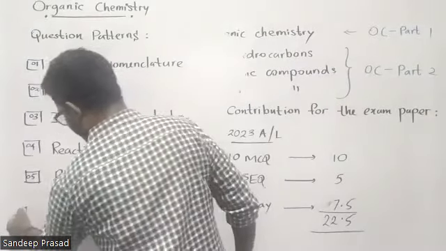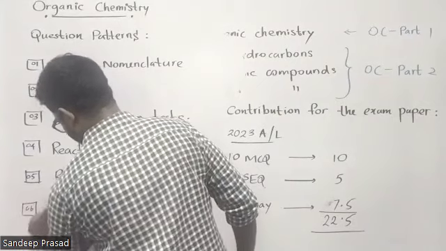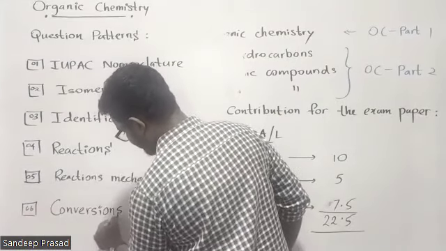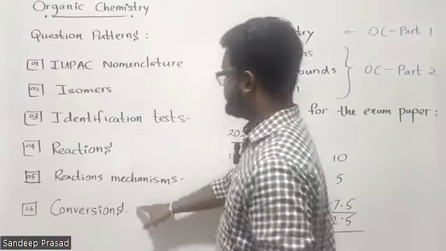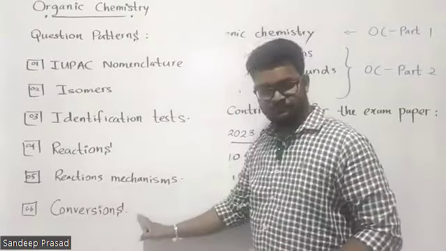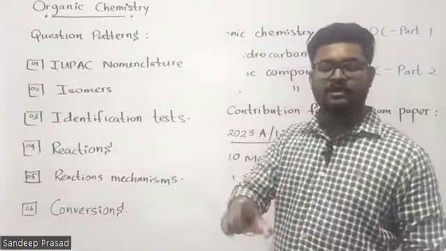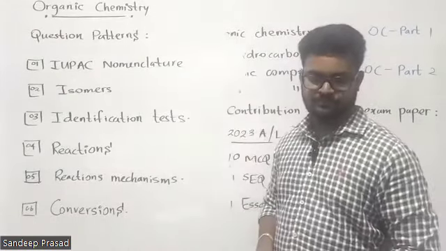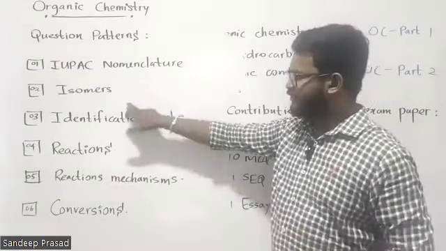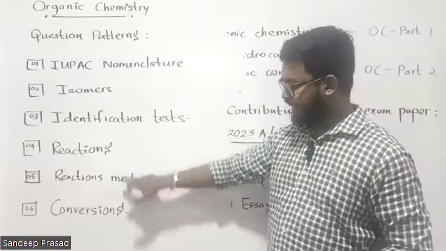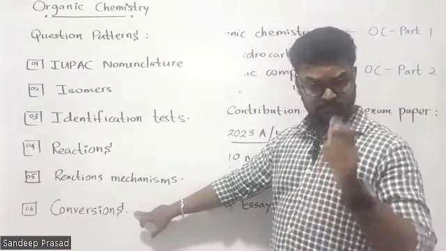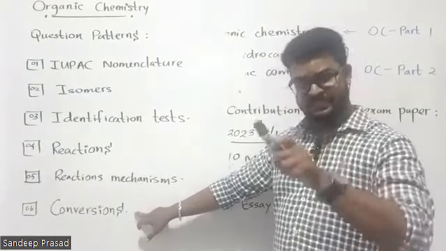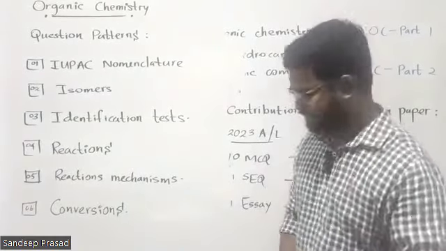And the last question type is conversions, right? First of all, I want to tell you, students, organic chemistry is not equal to conversions. Conversion is a part of organic chemistry, actually a question type of organic chemistry. After you learn these reactions, only then can you do the reaction conversions in the examination paper, right?